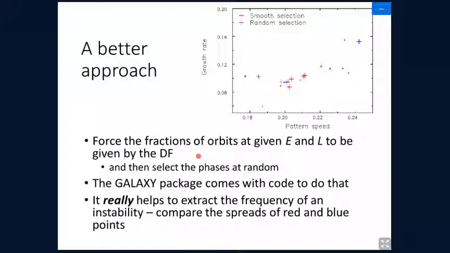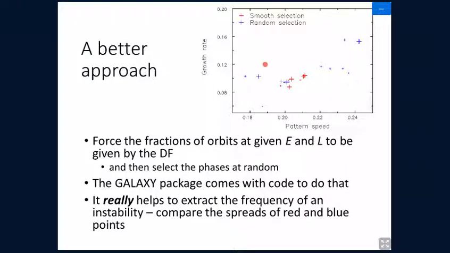You can choose those phases around the orbit at random, but at least you have nailed right at the beginning that you're selecting particles from the distribution function in the way that is specified by that distribution function.